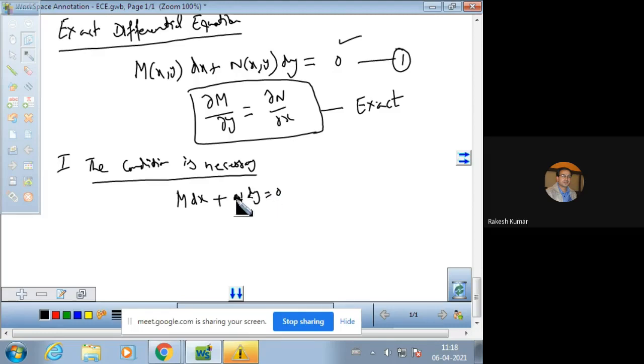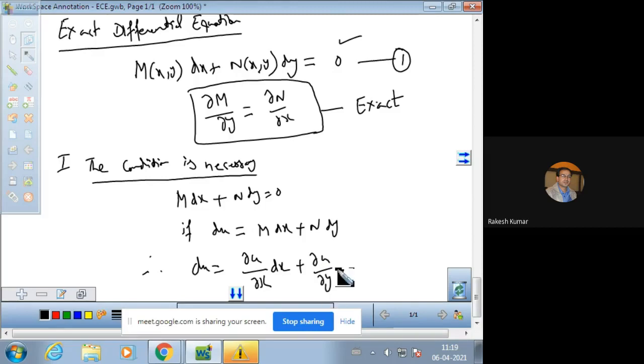Now, this equation will be exact if du is equal to M dx plus N dy. du means derivative, and we know that the total derivative du is equal to, this is the total differentiation formula, del u by del x into dx plus del u by del y into dy. This is the total derivative formula.